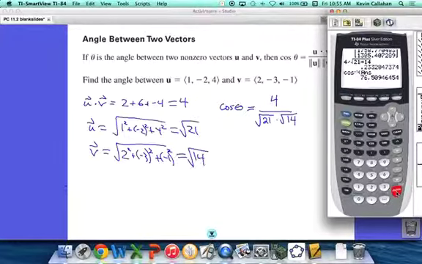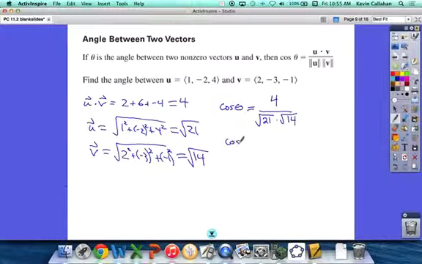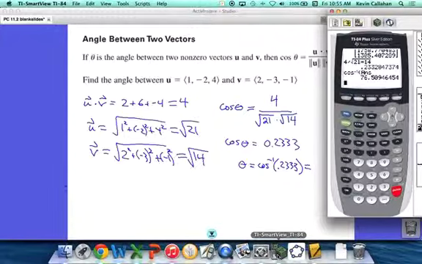So let me write this down. The cosine of theta equals 0.2333. Theta equals 76.5.